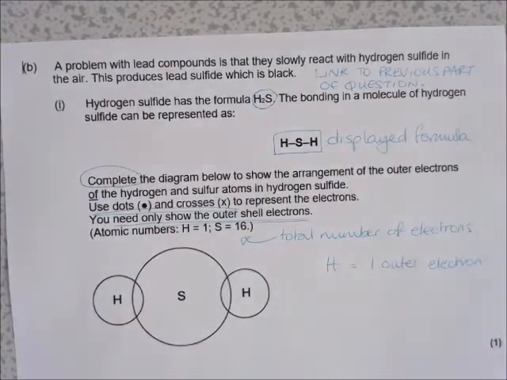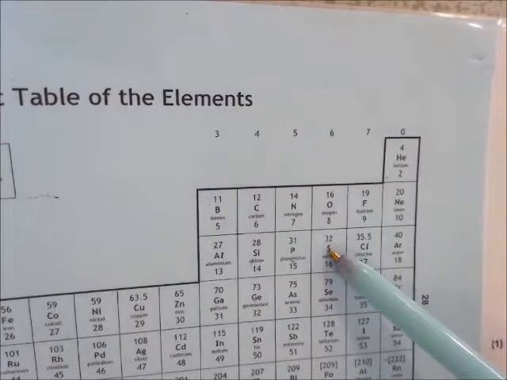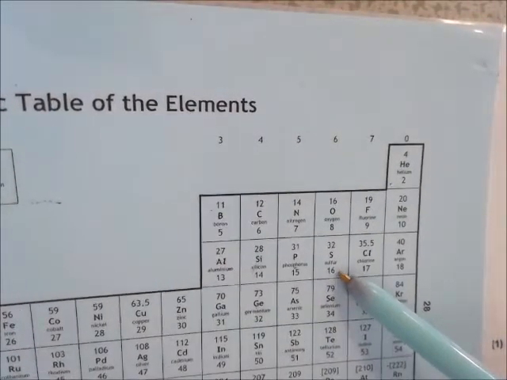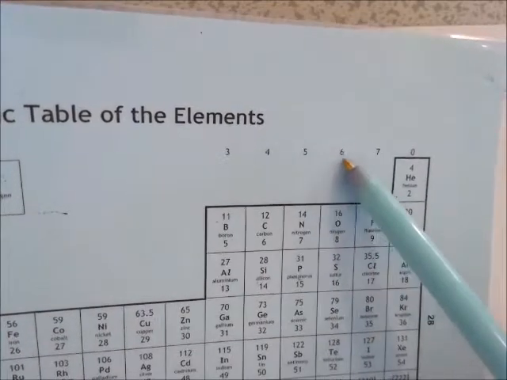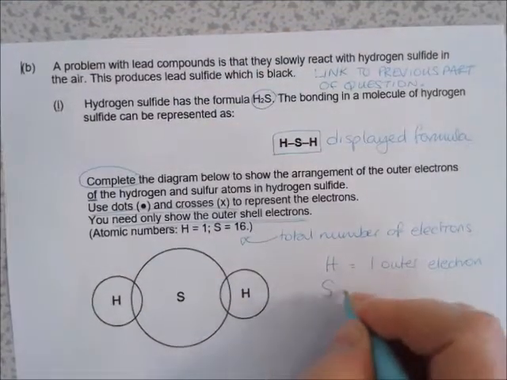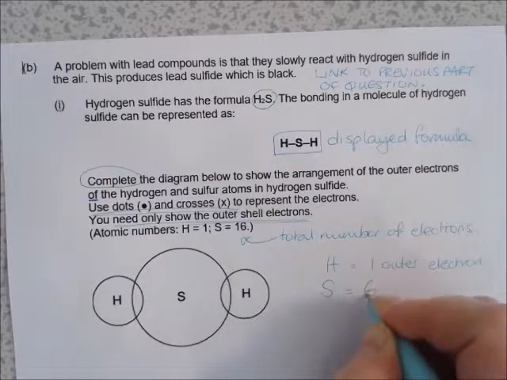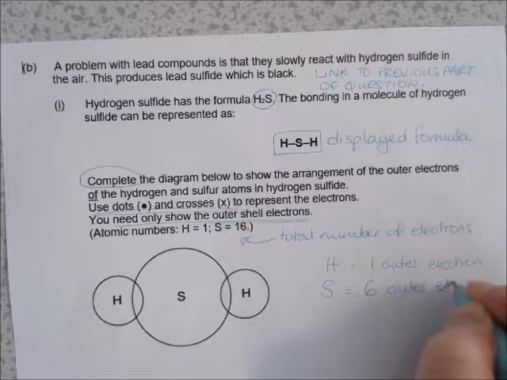But when we look at sulfur, we see that sulfur is here, 16 electrons, but the shortcut is at the top here. The group number tells us the number of outside electrons, so that tells us that sulfur has 6 in its outer electron shell energy level.